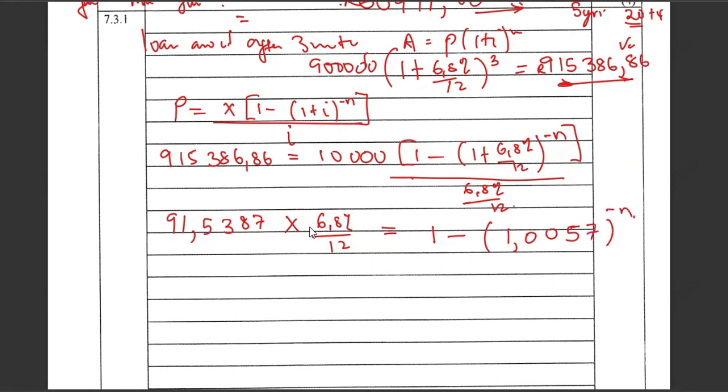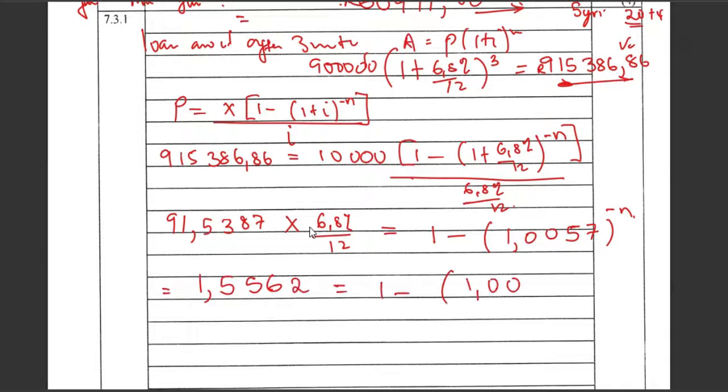Let me leave it at that. Okay, so when I multiply the left-hand side, 91.5387 multiplied by 6.8% over 12, I'm getting 0.5562.